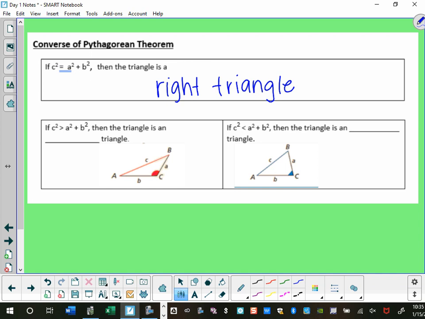If c squared is greater than a squared plus b squared, then the triangle is an obtuse triangle. And if c squared is less than a squared plus b squared, then the triangle is an acute triangle.